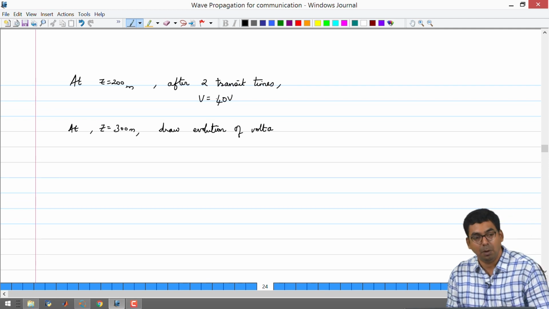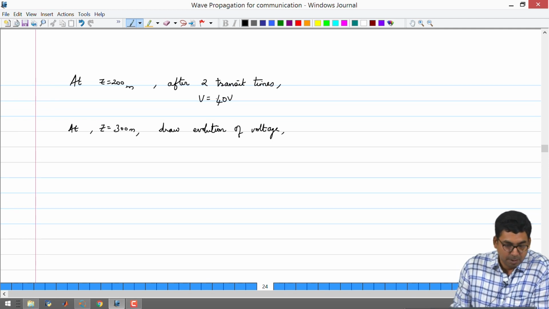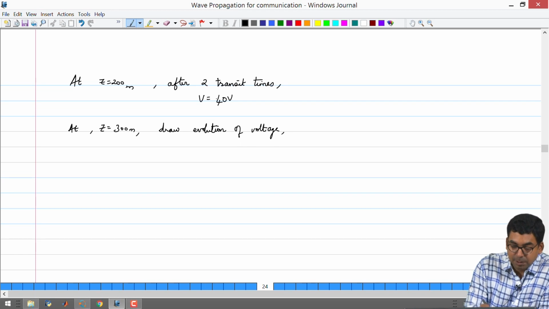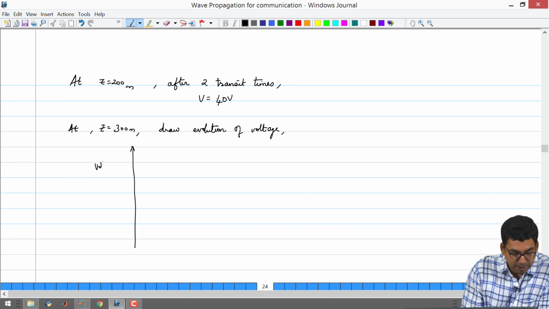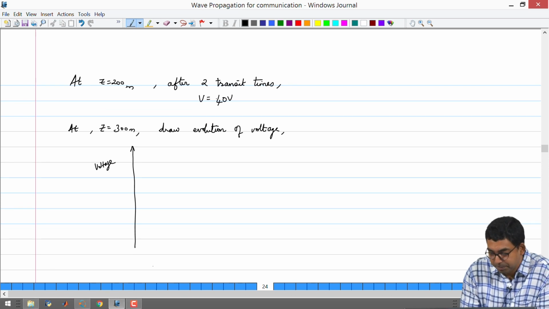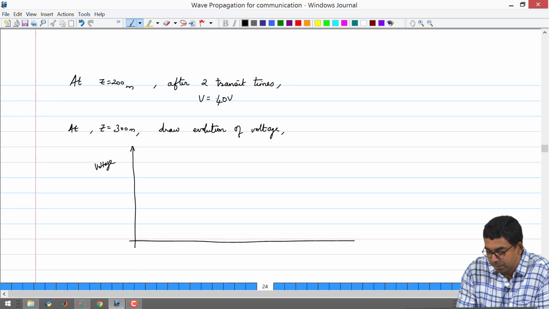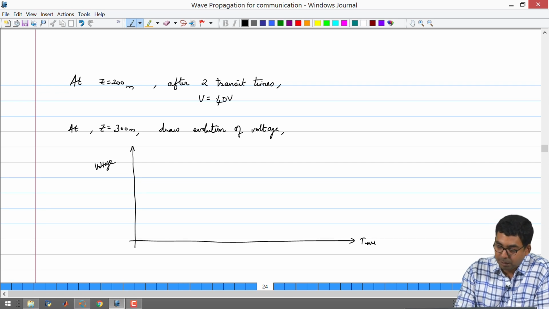Draw the evolution of voltage is what's asked. Okay. So the graph that's asked is, on the y-axis you will be having voltage, on the x-axis you will be having time in units of transit time.